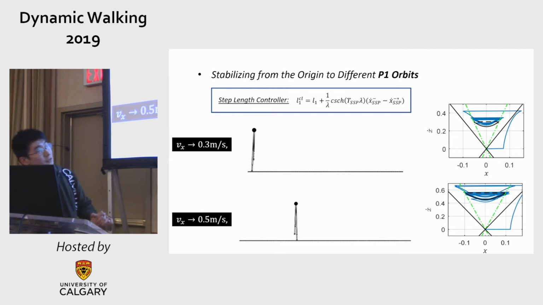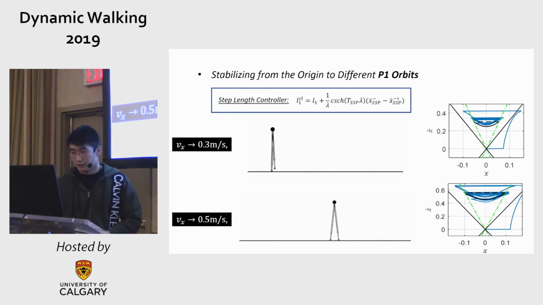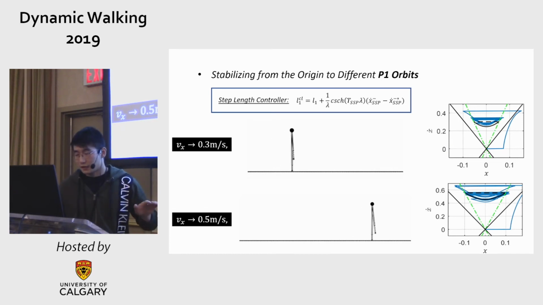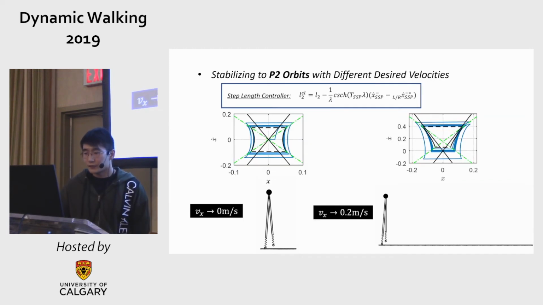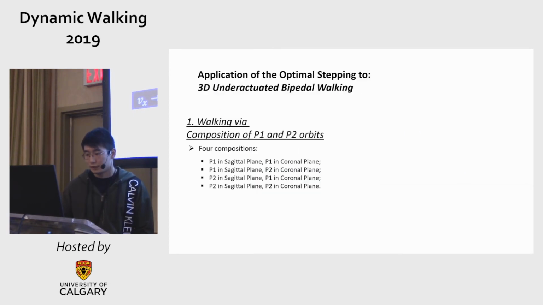So on the right, it's a trajectory of the position and the velocity, and we can say it is very close to the one of the linear inverted pendulum. And here is the same one for P2 orbits, and it's not exact because the dynamics is not exact, right? But it's close, and we can get periodic behavior.